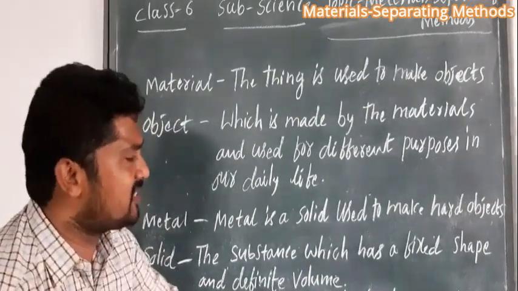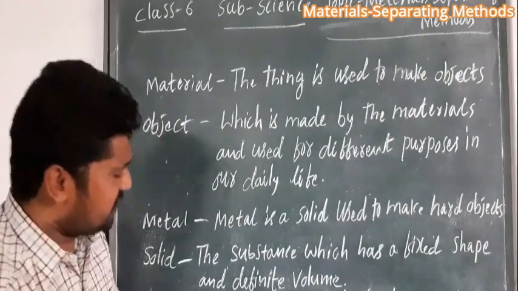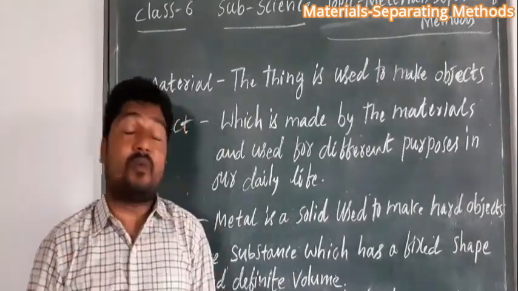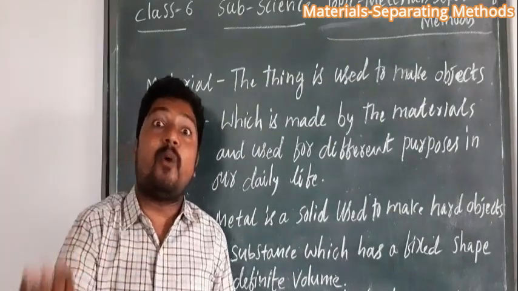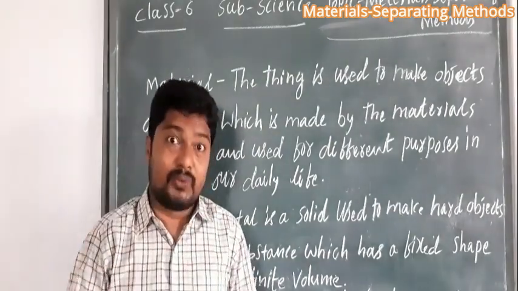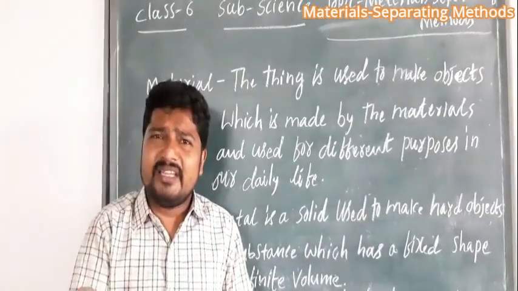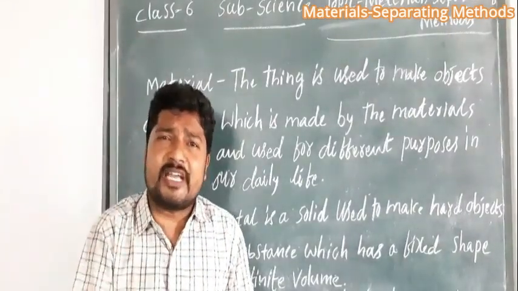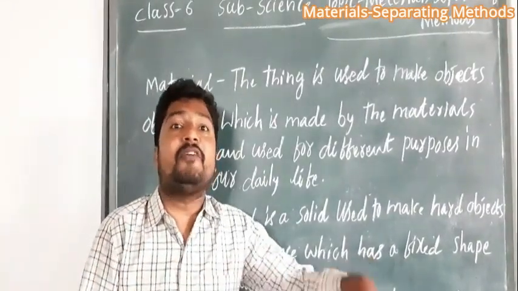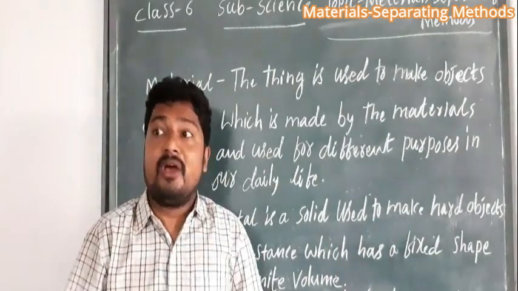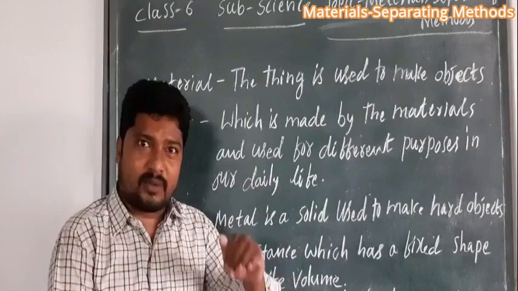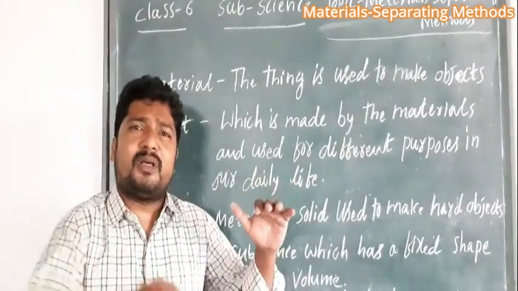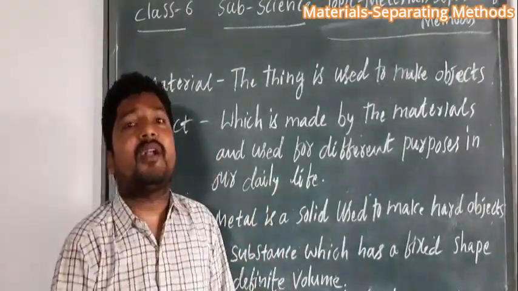The substance which does not have a fixed shape but has a fixed volume. For example, if you take water in your house, you see it has no fixed shape. It depends upon the vessel or the container. Wherever you pour that water, for example into a water bottle, the water takes the shape of the bottle.